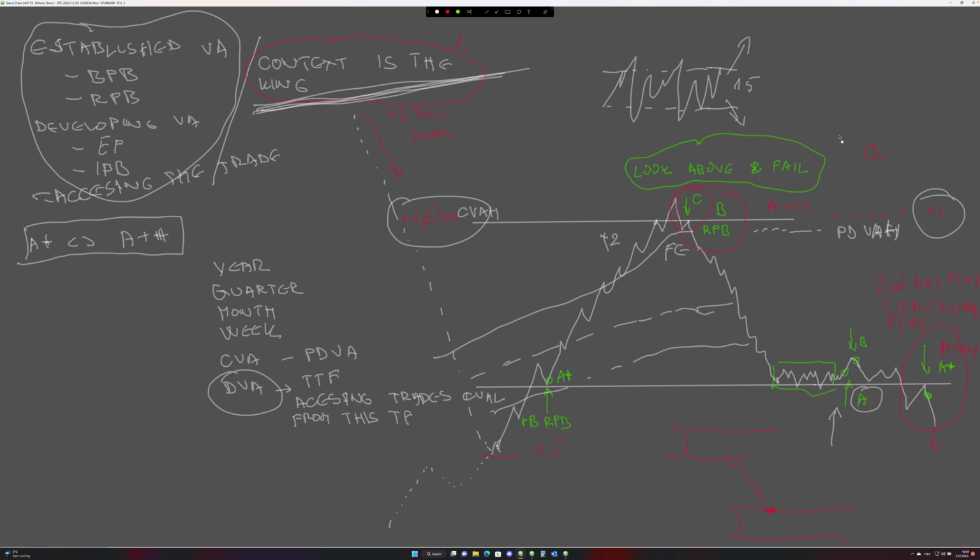But if another sort of dissonance is this, this is bullish zone, and then you have bear zone, and let's say the distance range between these zones is, let's say, 70 points.